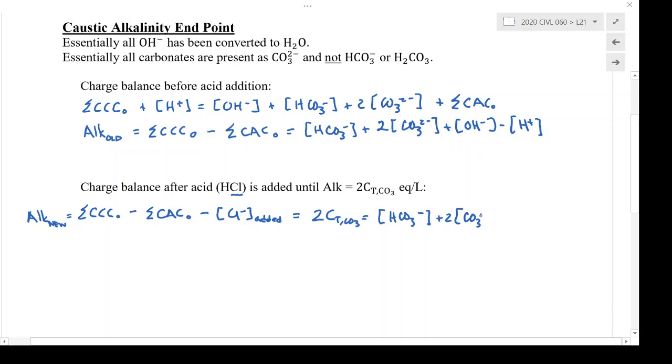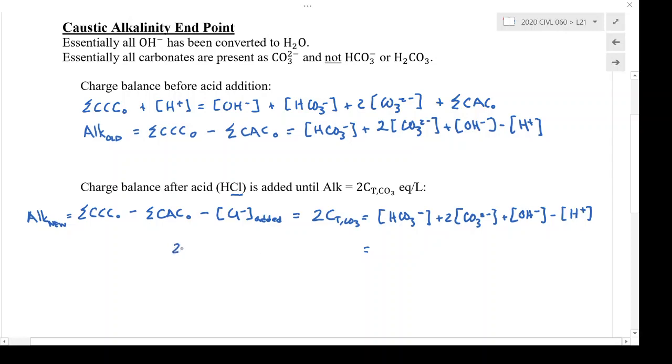A potential source of confusion here is that these equations look the same before and after the addition of acid, but the pH is going to shift, which will cause the concentration of all the carbonate species to shift as well.